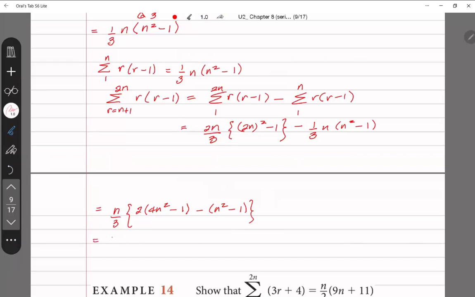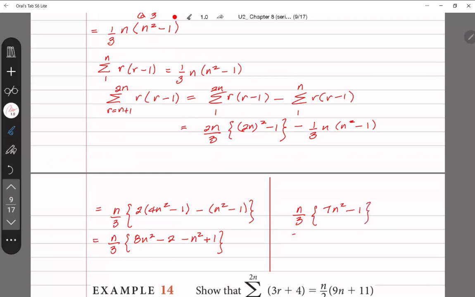So what we have here is n over 3. Then we have 8n squared minus 2 minus n squared plus 1. So our final answer is going to be n over 3 into 8n squared minus n squared is 7n squared, minus 2 plus 1 is minus 1.